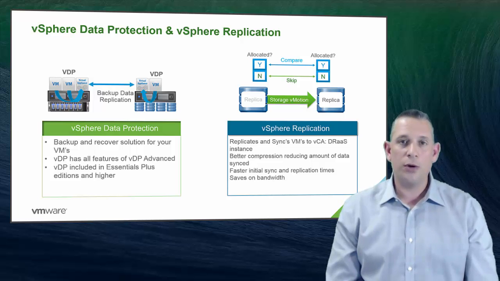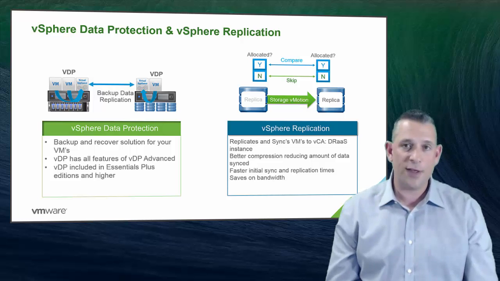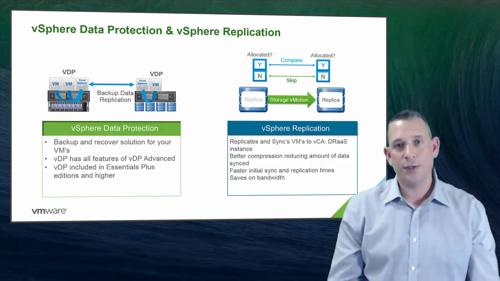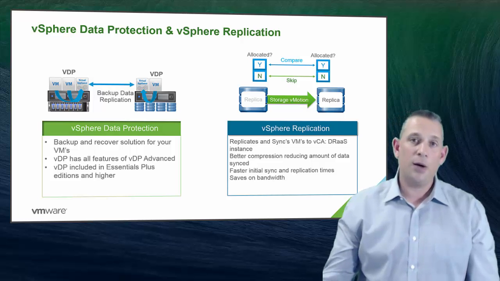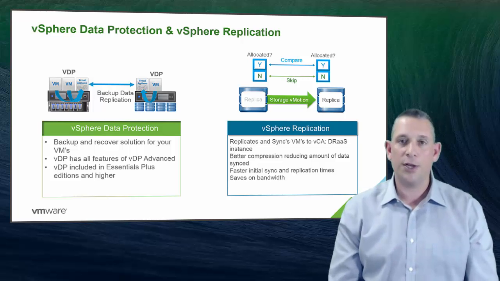So now when you're replicating any changes, or that initial sync of the VM, it's going to happen much quicker, and it's not going to tax your bandwidth in your internet pipe as much as it would before. Just some really good improvements to vSphere Replication, to be able to initially sync up and replicate that VM out onto the DR as a service much quicker and faster, taking up less bandwidth in your connection.